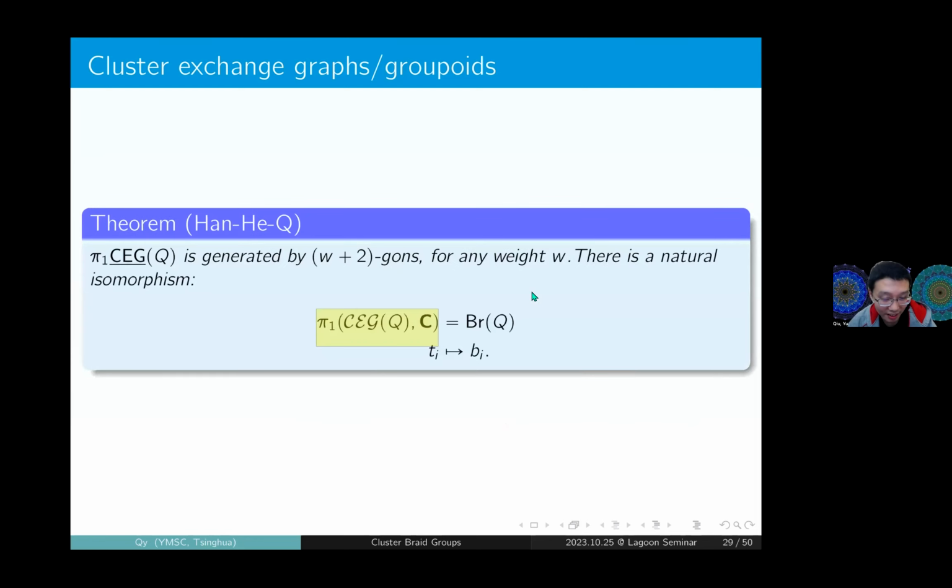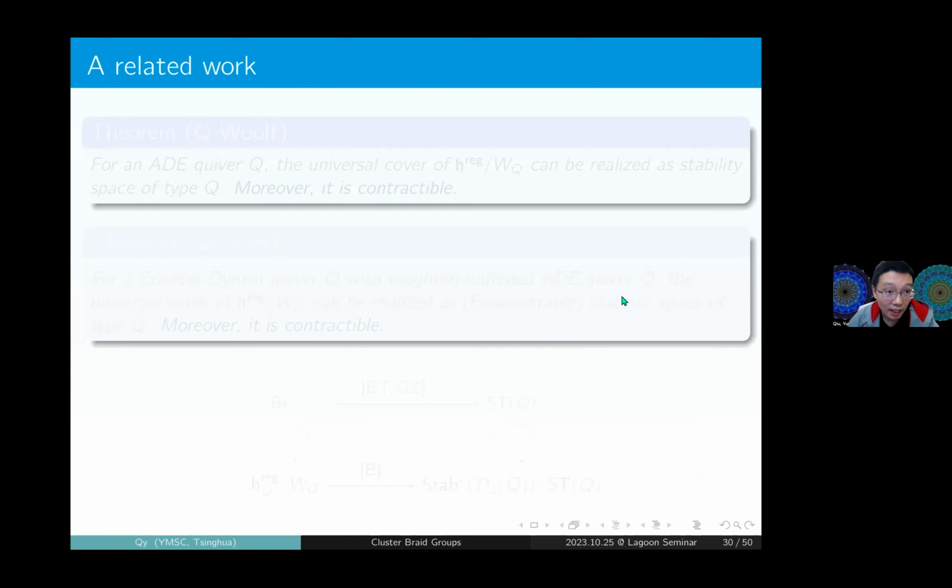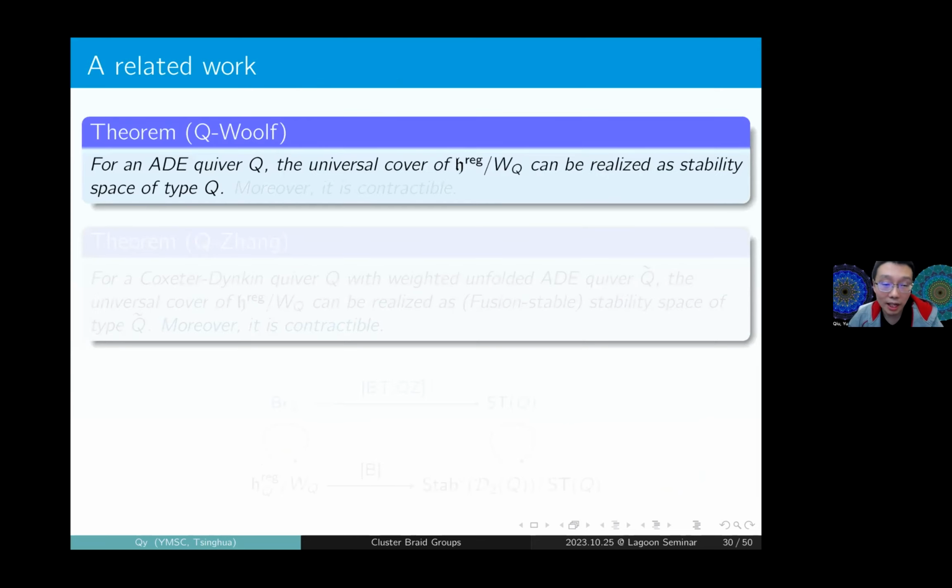Yeah, so that's the result in the Coxeter case, and related to this, for example, in my journal work with Wolf, we do this because our motivation is to prove the K(π,1) conjecture for this space. As I mentioned before, this is contractible, proved by Deligne.